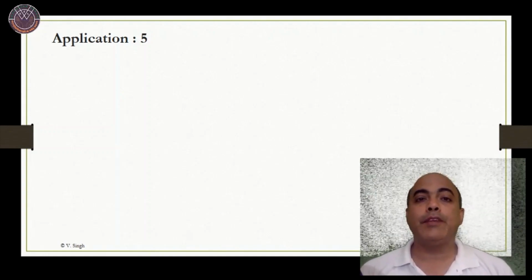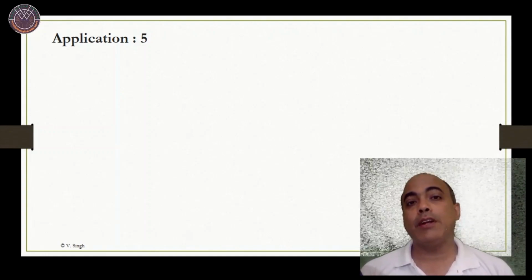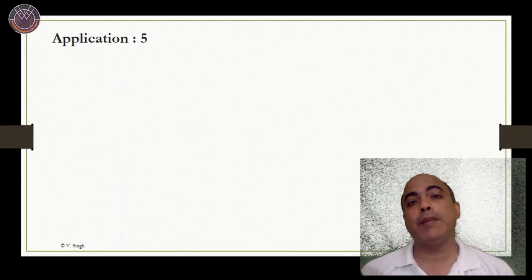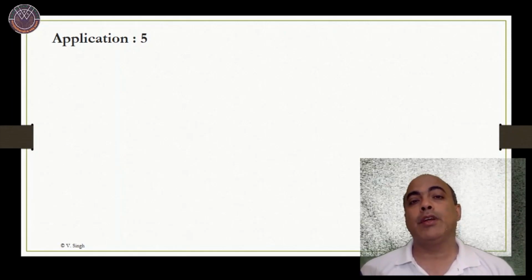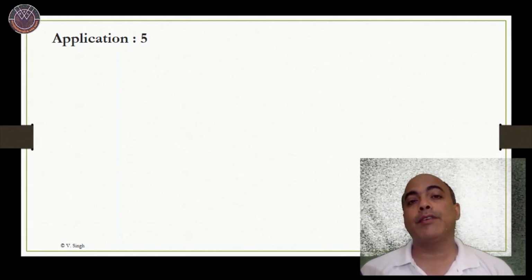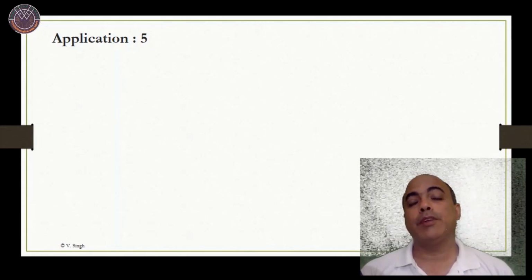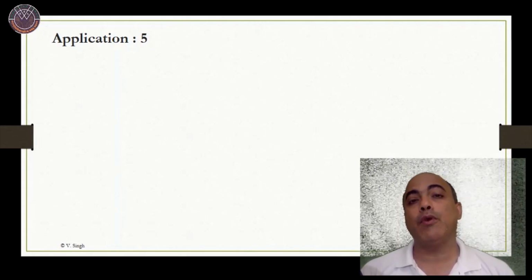In the previous video, I have already discussed 4 applications of normal distribution and how normal probability curve can be used to solve problems related to these particular 4 applications.